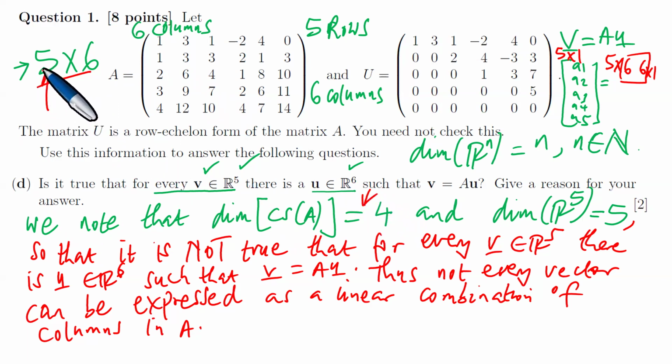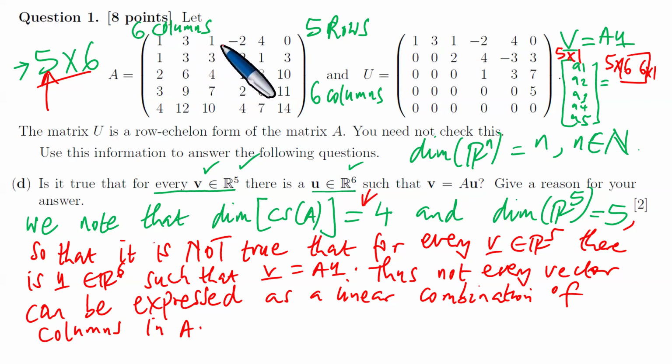So the examiner was looking at the fact that A itself is 5 by 6. And if A is 5 by 6, can we take the matrix A and multiply it by some vector? If we multiply A by any given vector, how many columns does A have?